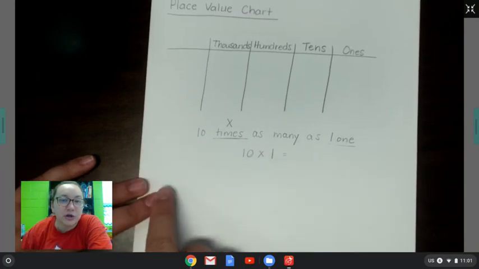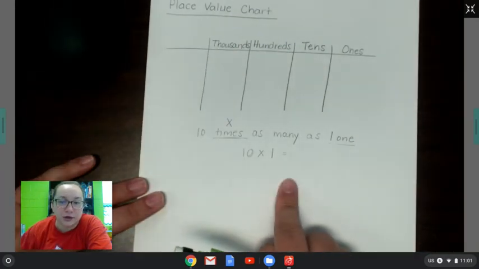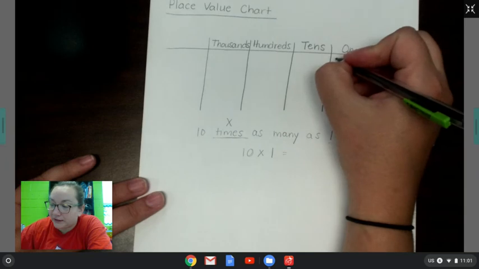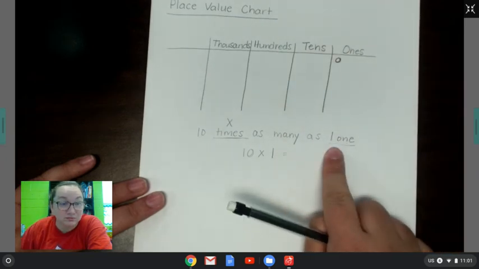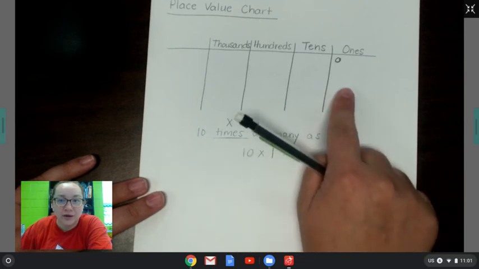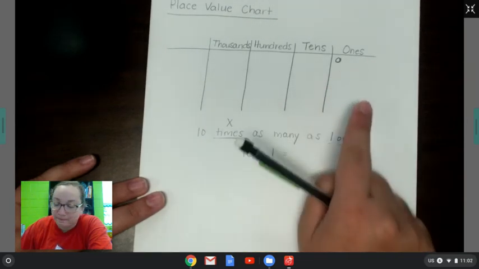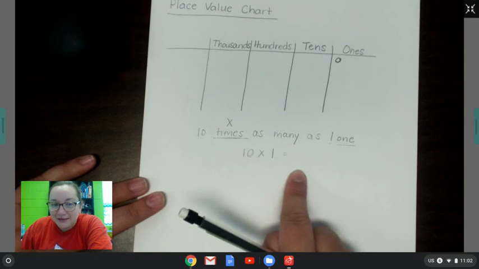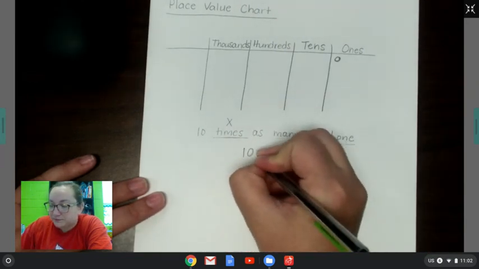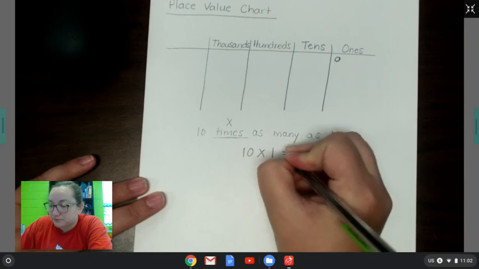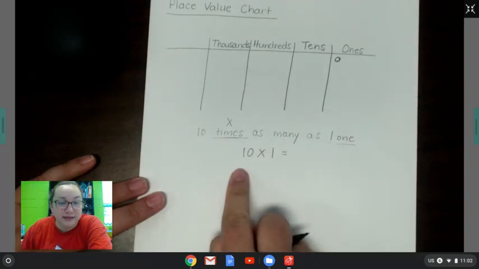Okay, so to show that in our place value chart, we're going to put 1 circle because we only have 1. Okay, so right now, this is just 1. But to make sure that we're showing this equation right here, we have to multiply by 10.